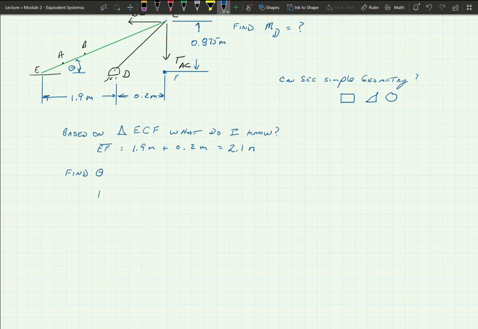So tangent of theta is equal to 0.875, the opposite, over the adjacent side of 2.1 meters. And a little bit of math here. I will write it out just for the sanity of making sure everybody knows what we're doing. Let's clean that up.